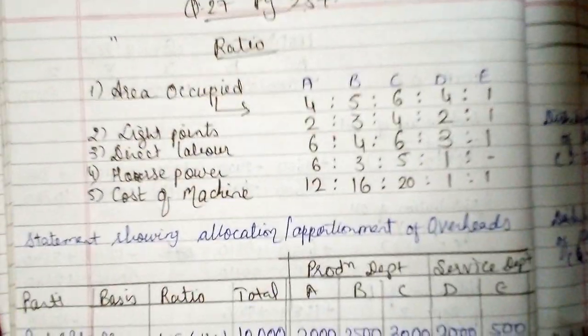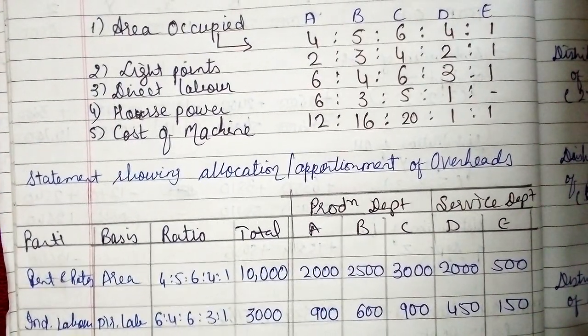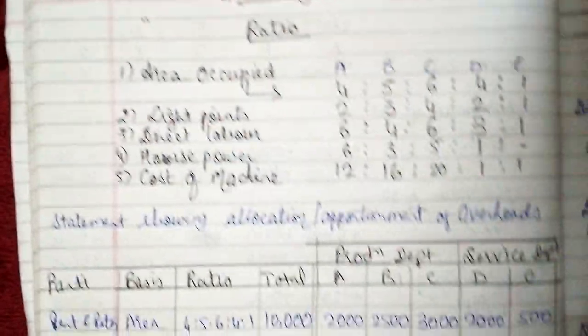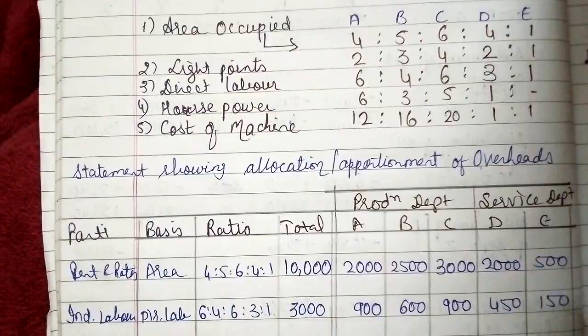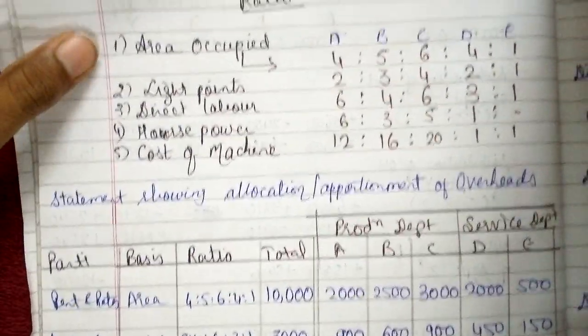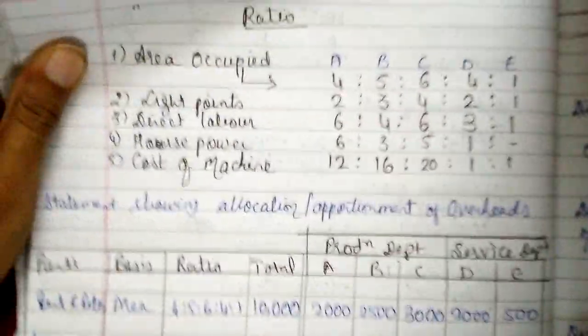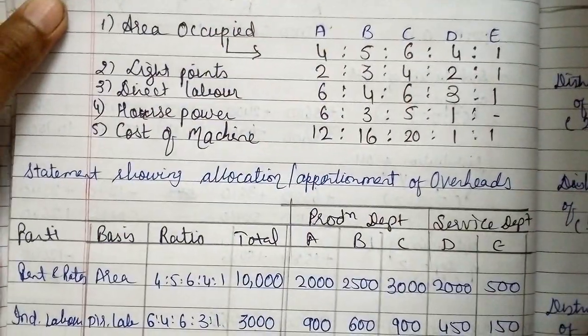Alright, now starting with the table showing allocation or apportionment of overheads. So these all are the apportionment. Let me adjust first.